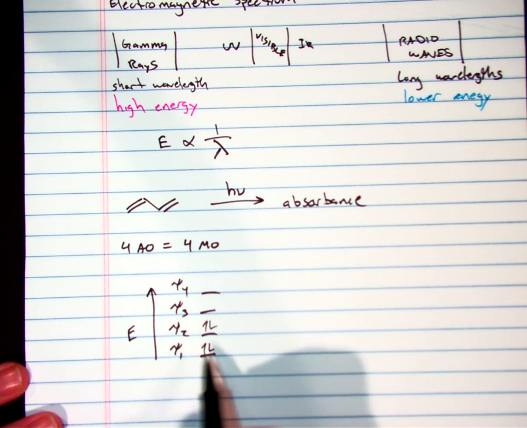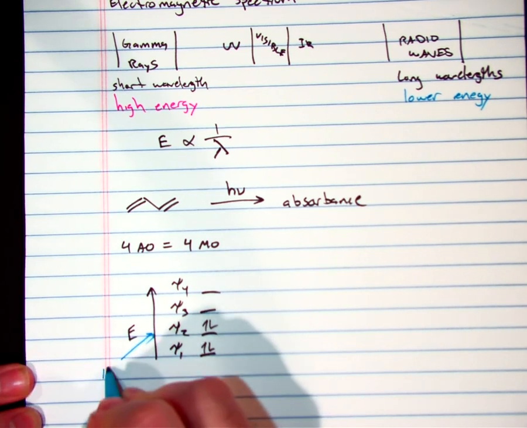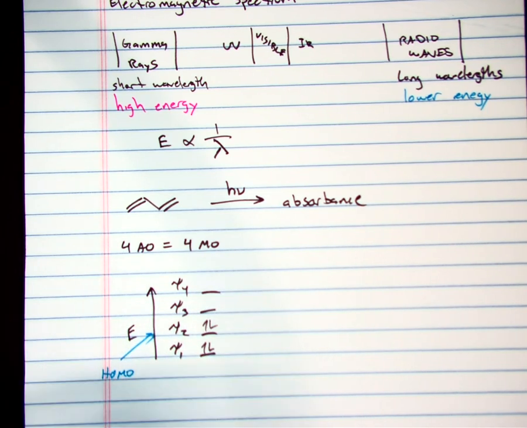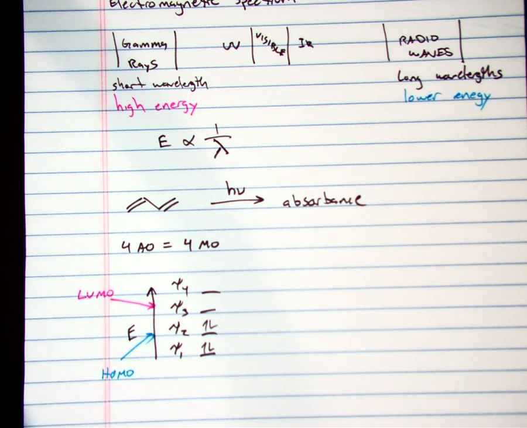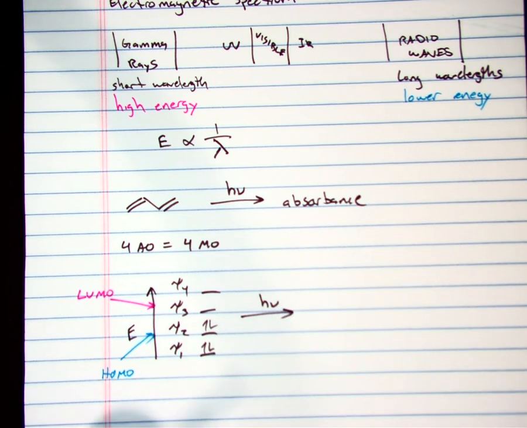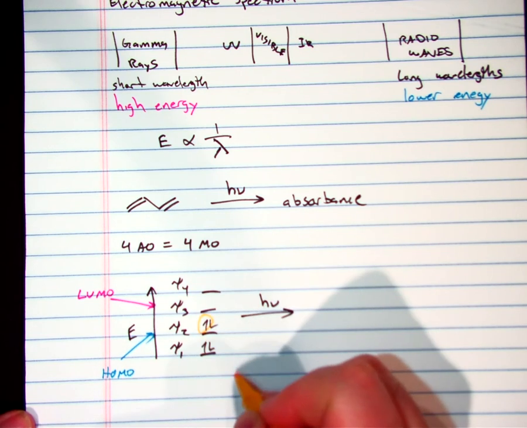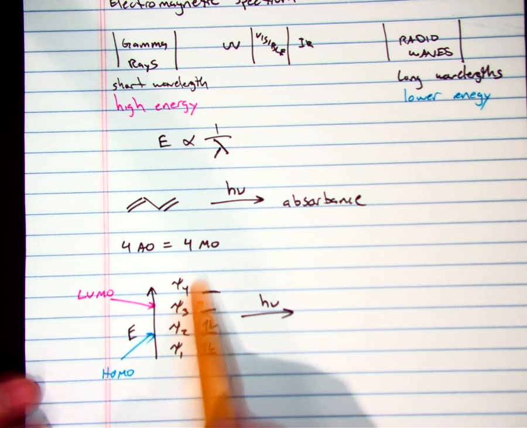So we can identify some key things here. The psi 2 in this case is the highest occupied molecular orbital, or HOMO. And then the psi 3 in this case is the lowest unoccupied molecular orbital, or LUMO. Now what's happening in UV spectroscopy is we are going to shine light on this system, and one of these electrons that's in our highest occupied molecular orbital is going to get promoted to a higher energy state, either the psi 3 or the psi 4.